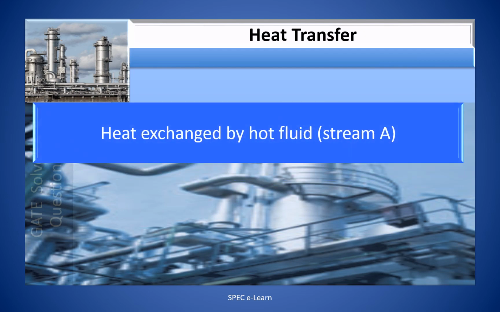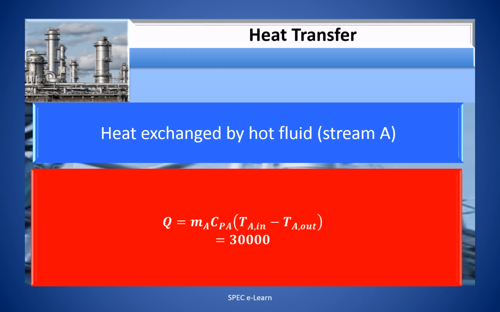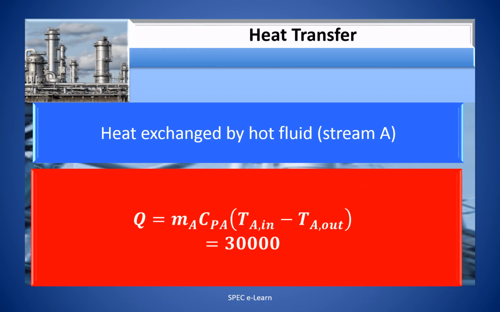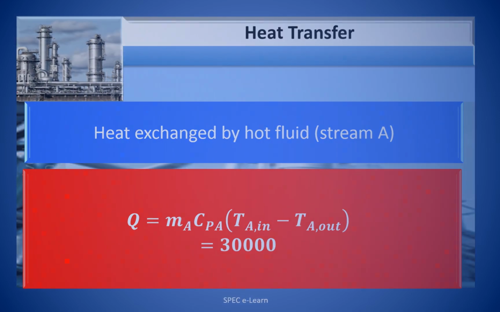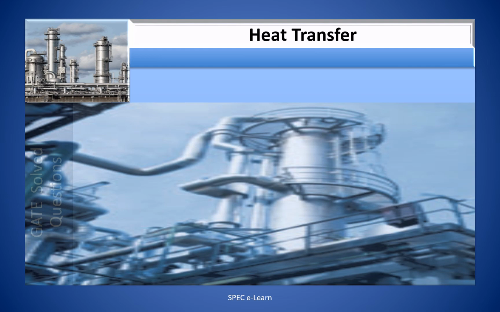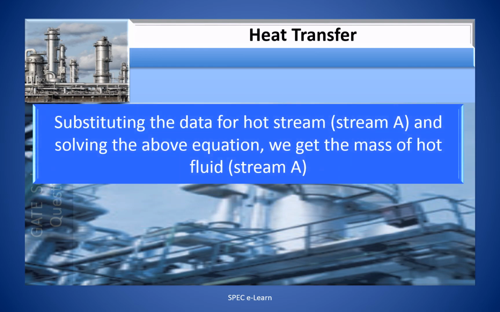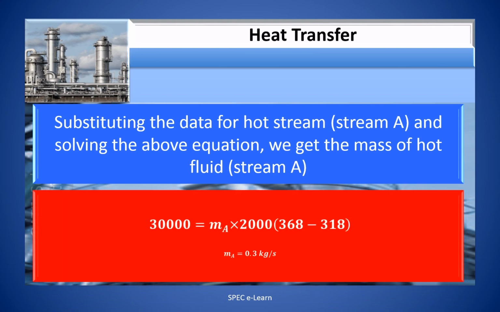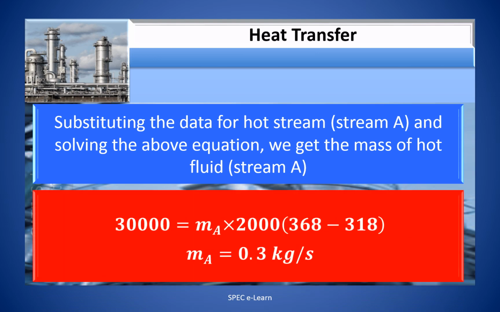Heat exchanged by the hot fluid stream A equals MA times CPA times (TA in minus TA out), which equals 30,000 joules per second. Substituting the data for hot stream, that is stream A, and solving the above equation, we get the mass flow rate of the stream A equal to 0.3 kg per second.